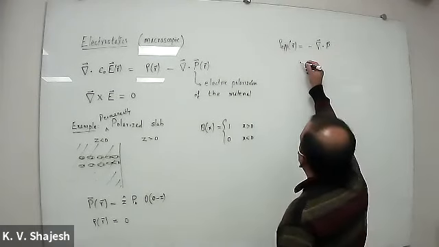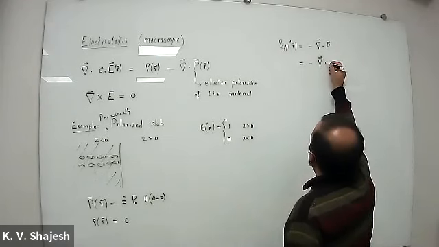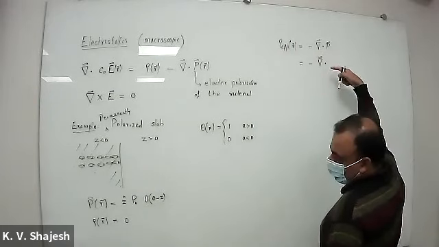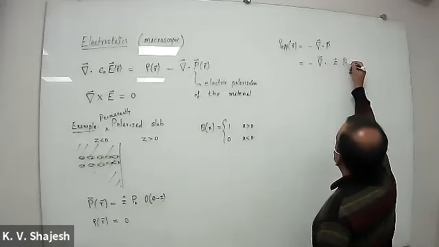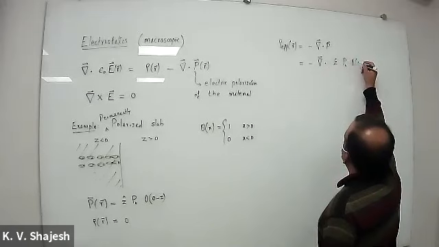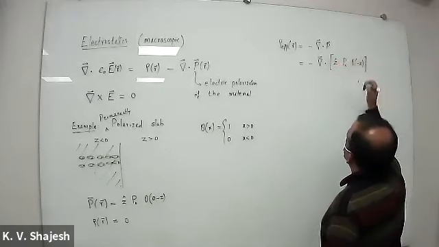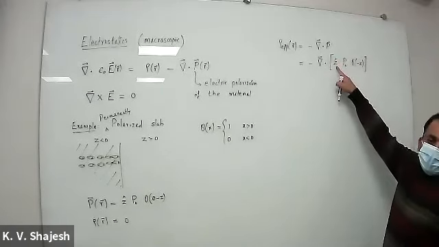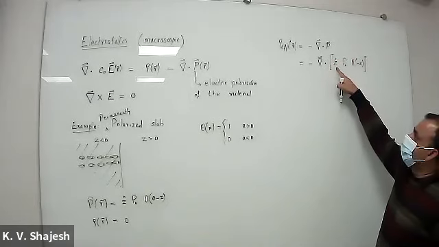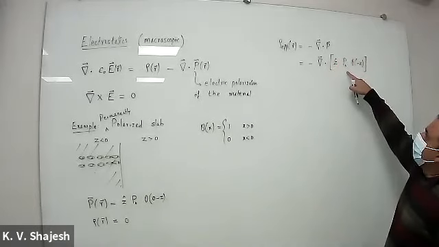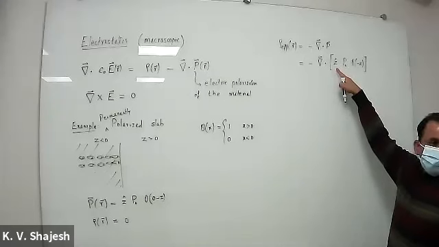So this is equal to minus the gradient operator, which is basically the divergence when you take the dot product, acting on z hat times P naught times minus z. In general, this vector could depend on the coordinates. For example, if it was a sphere, and we will later do an example where this will contribute. But at this point, this is not dependent on coordinates. Z hat is the same everywhere.